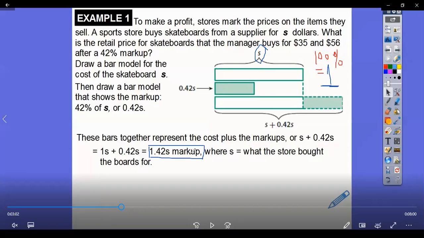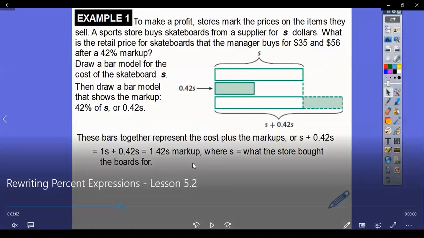As I said, the whole part represents 1, the percent we change into decimal, and then we add them together. In this case, we have the new percent, which we are going to use to calculate the amount. Any questions so far, grade 7? No? Thank you, let's continue.